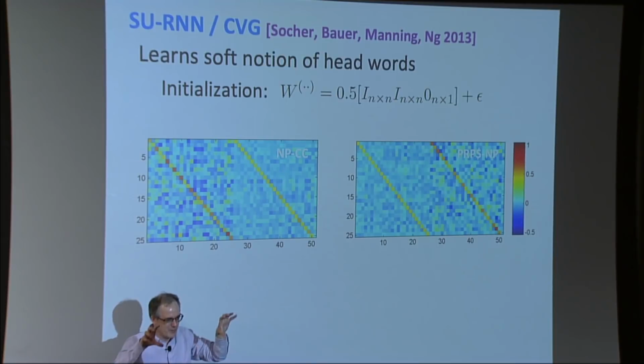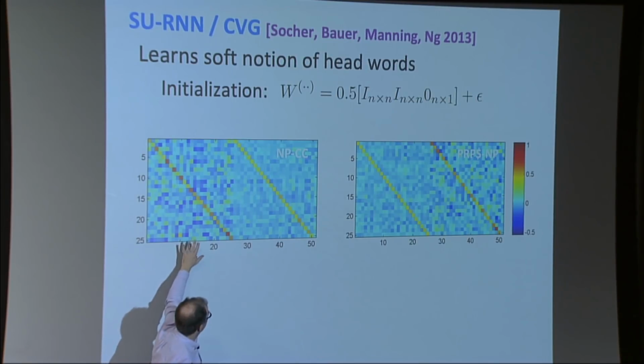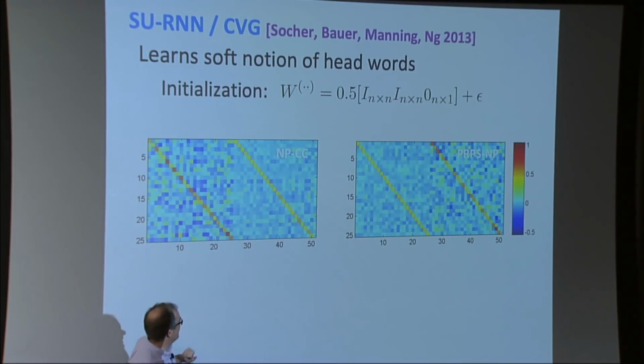So these are 2x1 rectangular matrices because there are two children. Half of it is multiplying the left child, the other half is multiplying the right child. And we initialize them as like two identity matrices next to each other, which would give us the default semantics of just averaging until something different was learned in the weight vectors.